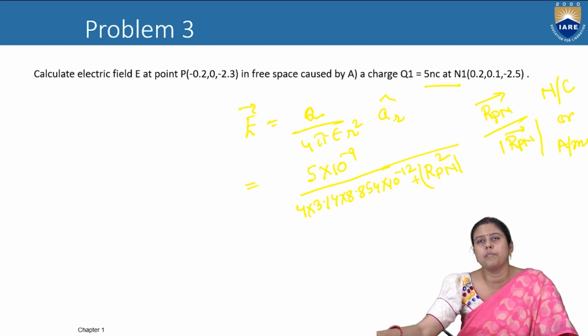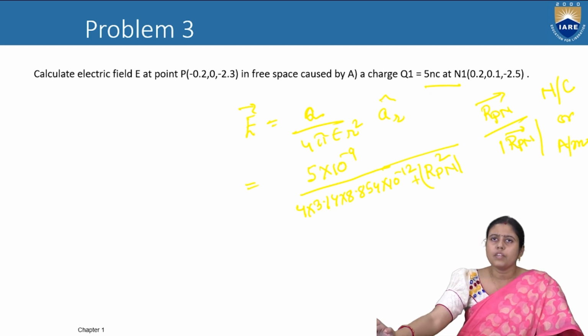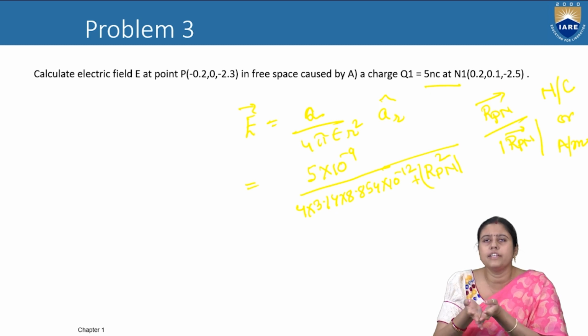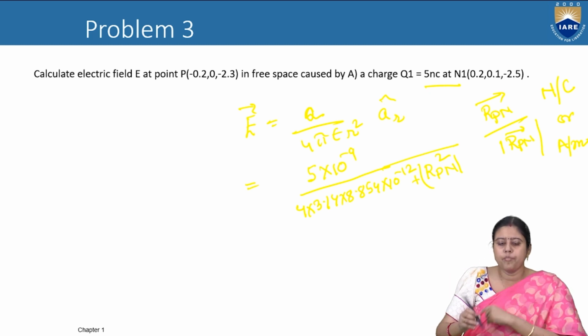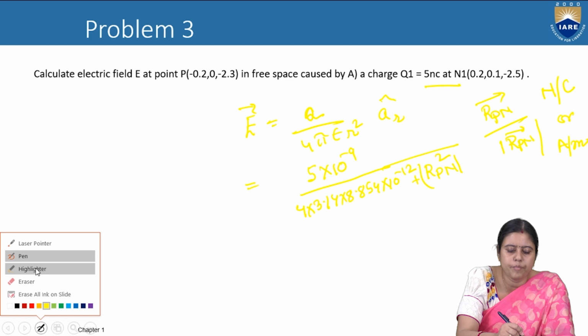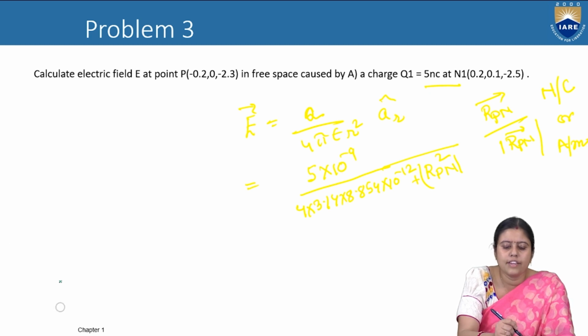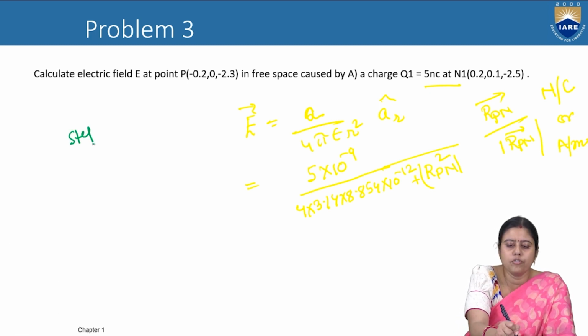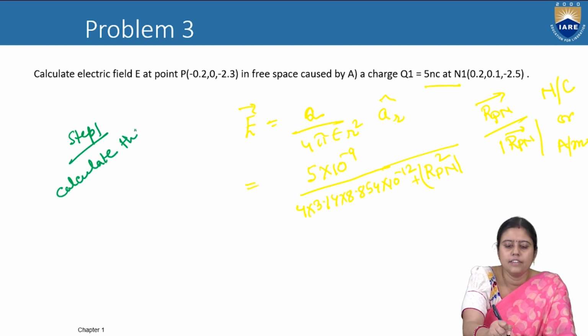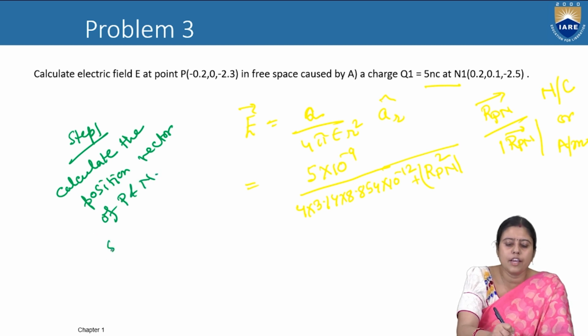Problem 3 is similar to the problem 2. Here we are calculating the electric field at a point minus 0.2. So what is the step 1? Again, if we want to write the step 1 and step 2, step 1 is calculate the position vector of P and N. What is the step 2?